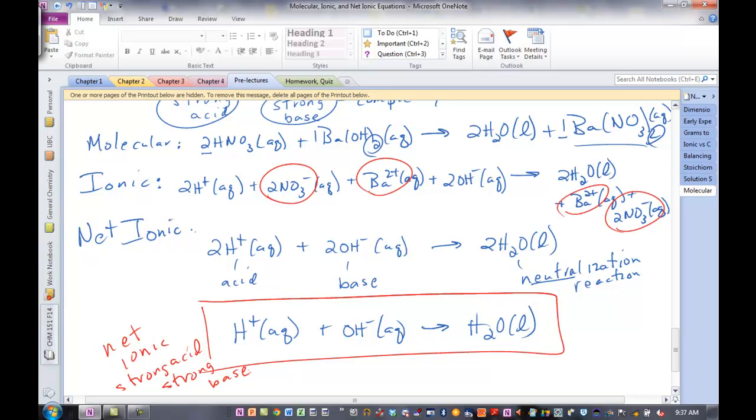It's pretty lame. But this is the net ionic equation for a strong acid, strong base reaction. H plus from the acid combines with hydroxide from the base to produce water. Neutralization reaction. That will always be the case for strong acid, strong base. You need to know that.